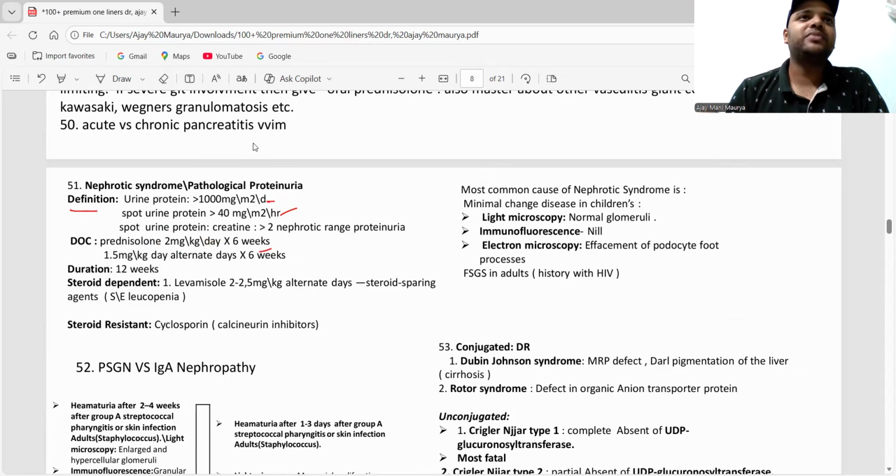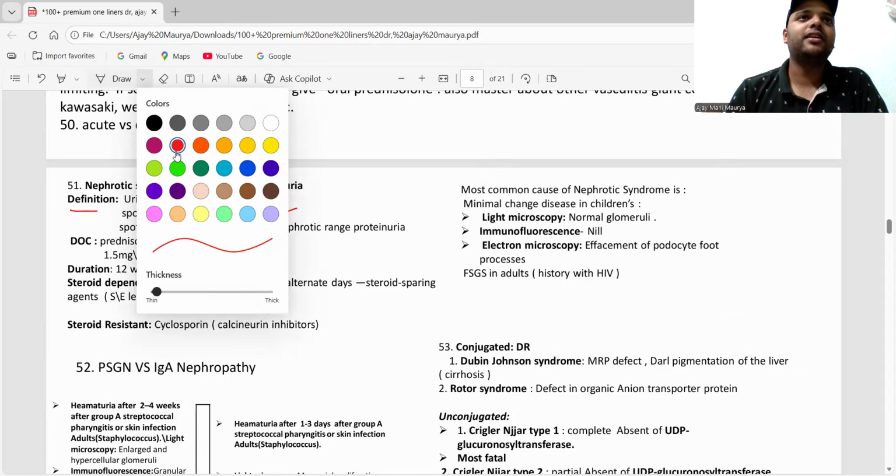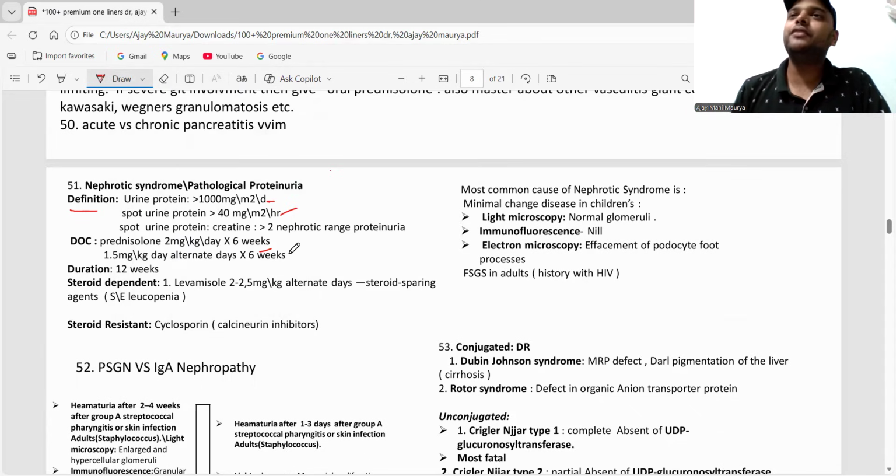I said already, my PDF is very different, so you will learn many things here. How many weeks? 6 weeks. After 6 weeks, we have to decrease the dose. You have to give 1.5 mg/kg on alternate days, again for 6 weeks.